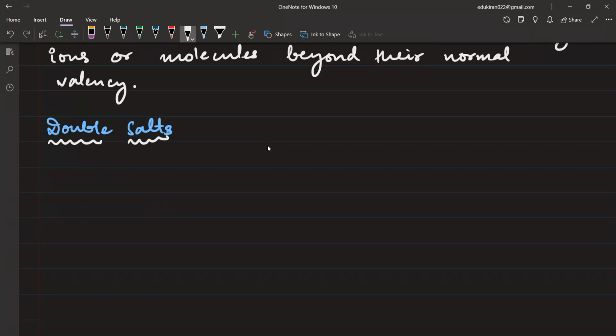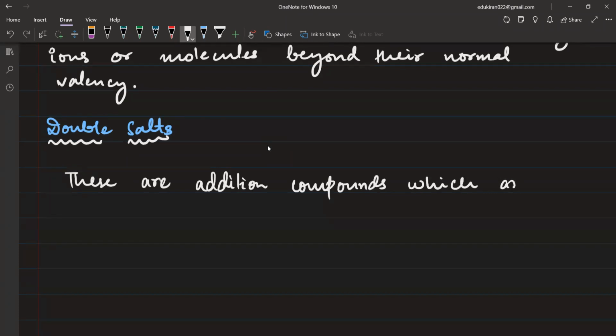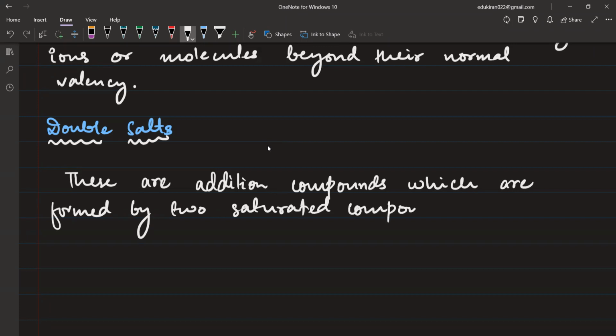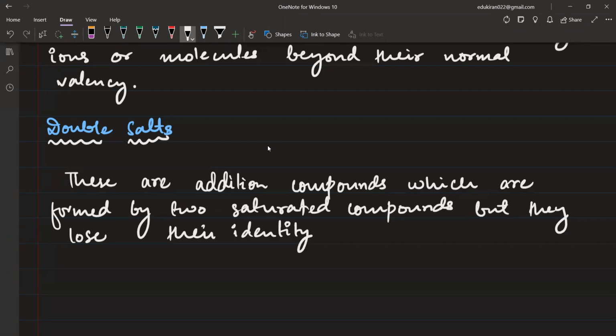These are addition compounds which are formed by two saturated compounds but they lose their identity when dissolved in water.